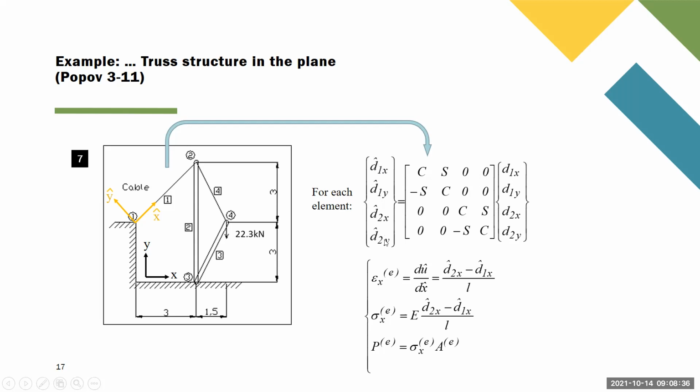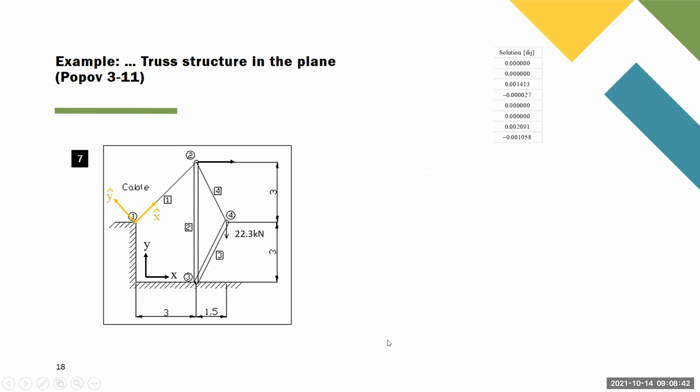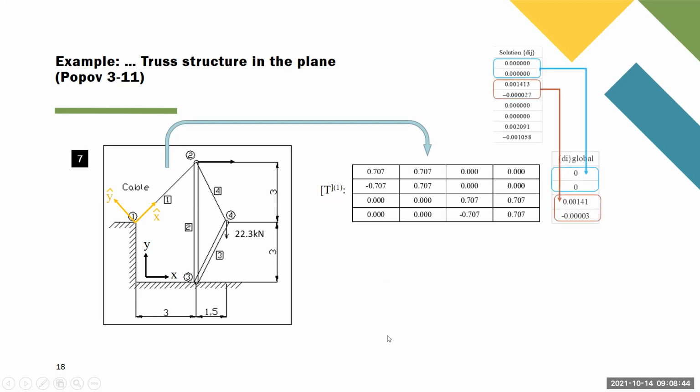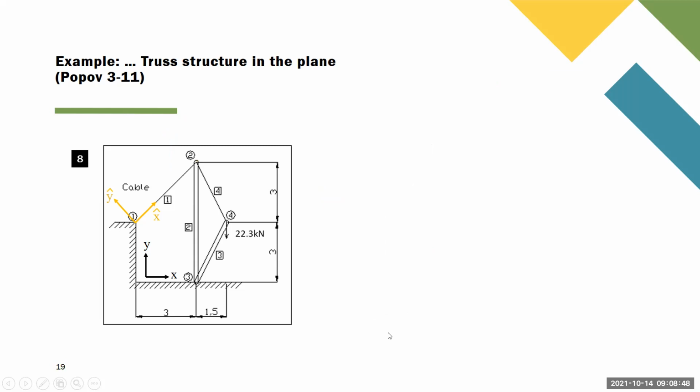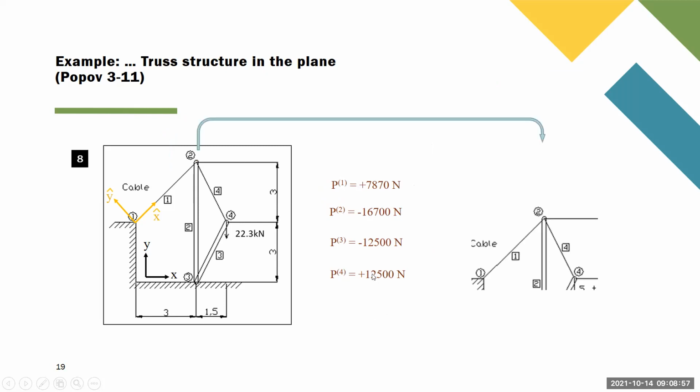With these values in the local, you can calculate strains, stresses, and internal forces. This is what we're doing. And then you have the internal forces in the four elements.